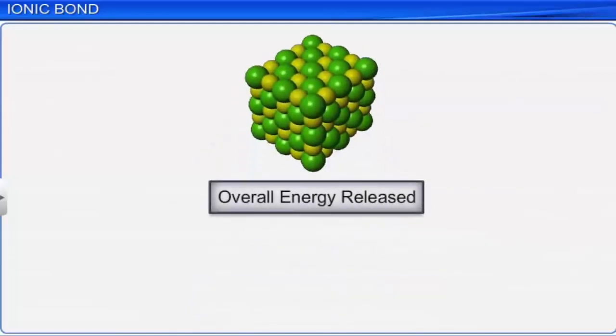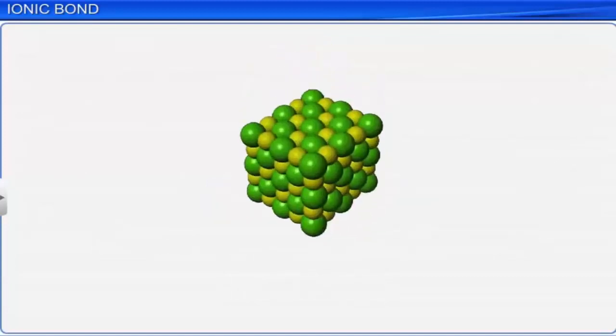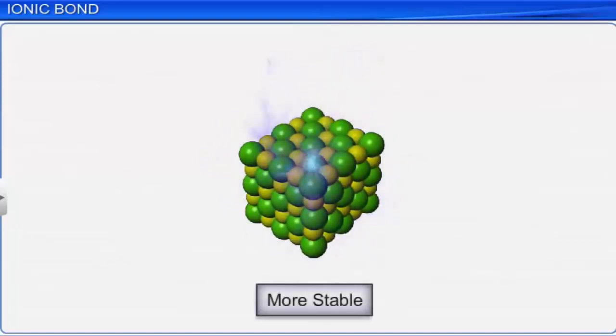The overall energy released is the sum of 495.8 minus 348.7 and minus 788, which results in −640.9 kilojoules per mole. Since energy is released in the process, it makes the crystal lattice more stable.